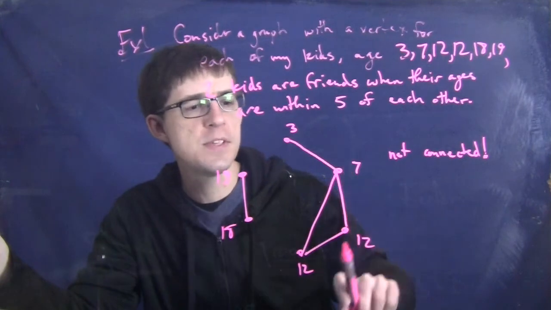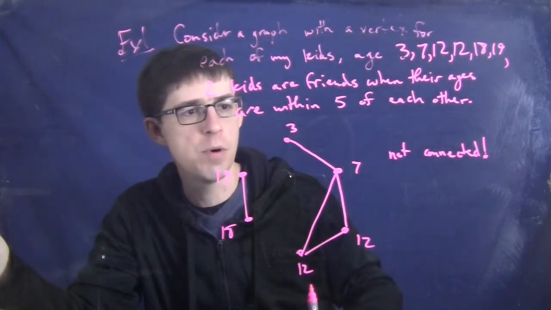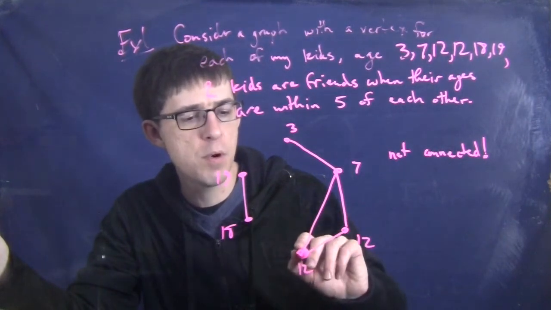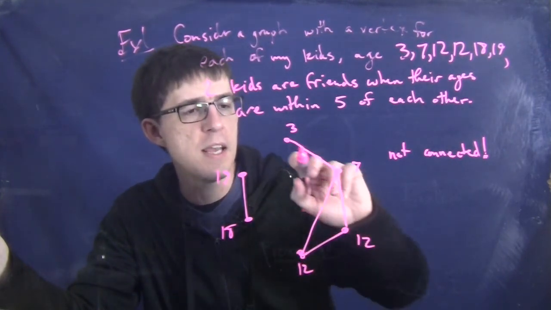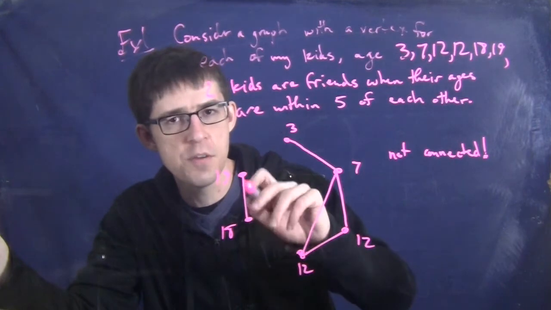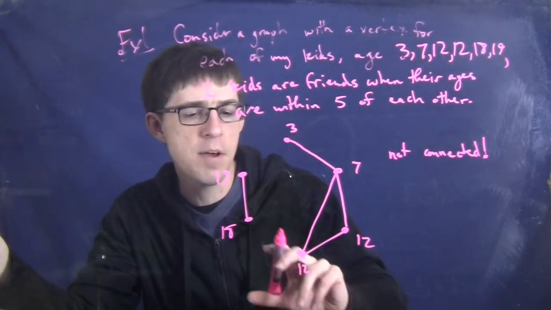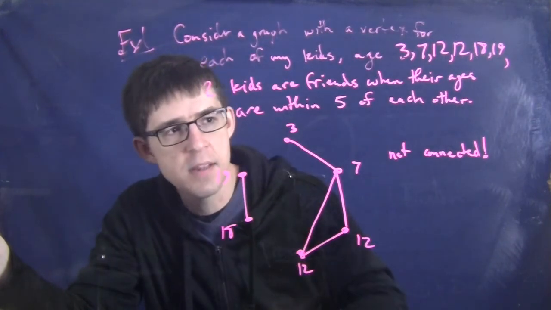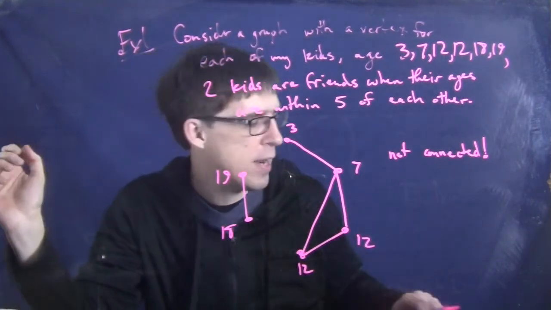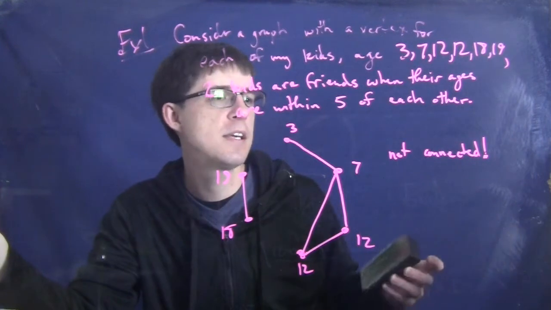Actually, the fact that this graph is not connected means that strategy is not going to work. Because if you tell, say, the 12-year-old, brush your teeth, and then tell all your friends to brush their teeth, the message is only going to get to these people over here. It will never get to those people because there is no path among friendships from the 12 to the 18, right? The 18 and the 19 will never get the memo. All right. I don't know if that's, is that cute?